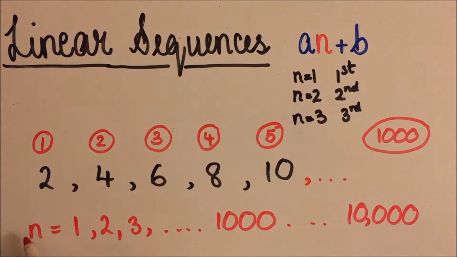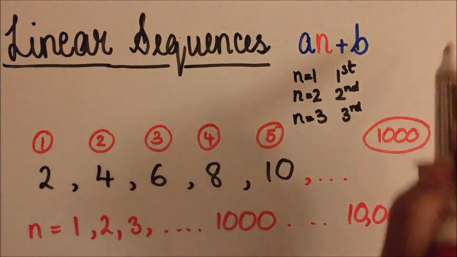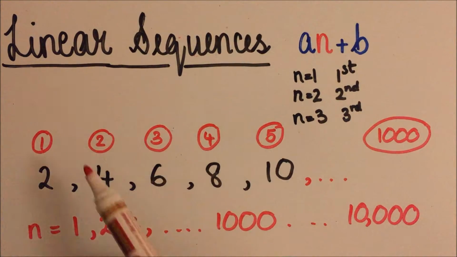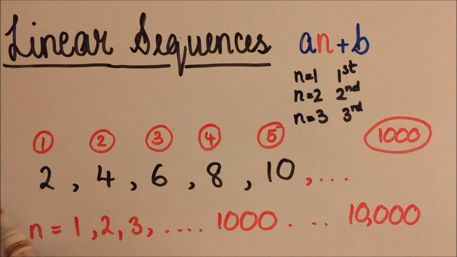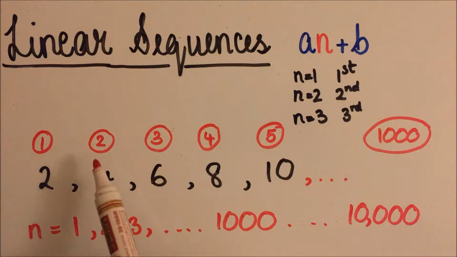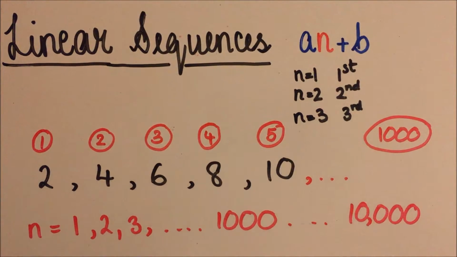So that's why n in terms of linear sequences can only take whole number values. So you can take 1, 2, 3, 4, 5 all the way to 10, 1,000, 10,000, any, just not a decimal number or negatives or even 0, because you can't have a 0th term of a sequence. You can only have a first term, second term, third, and so on.